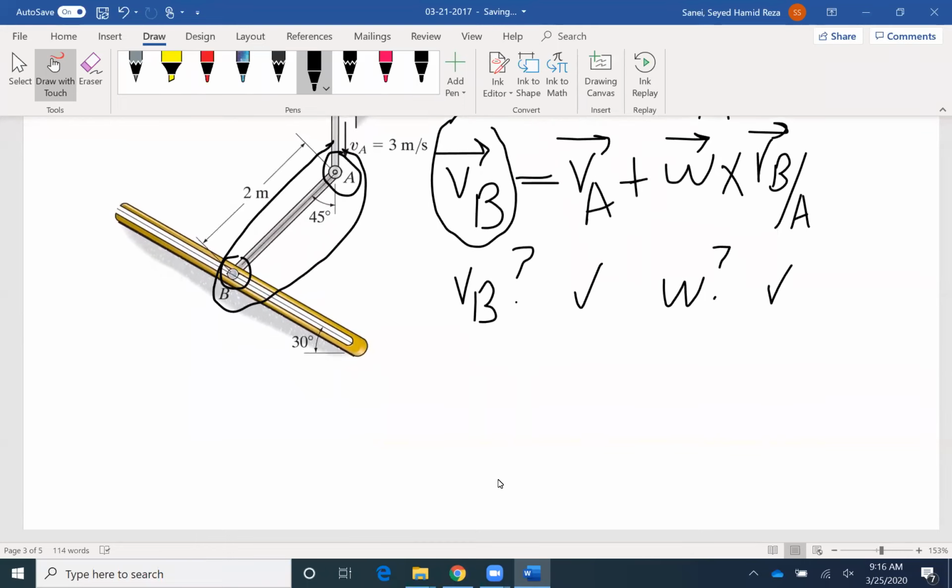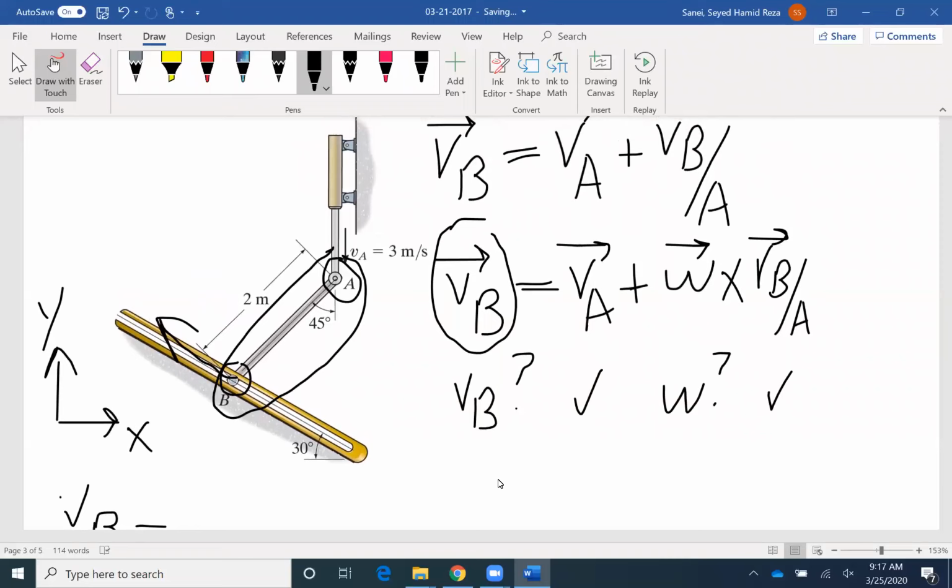We know the direction. Let me draw my coordinate system so we know what we are considering positive and negative, XY. I will write VB here. I don't know the magnitude, but I know the I component and J component. The I component would be negative and J component would be positive. VB will be moving along that direction.